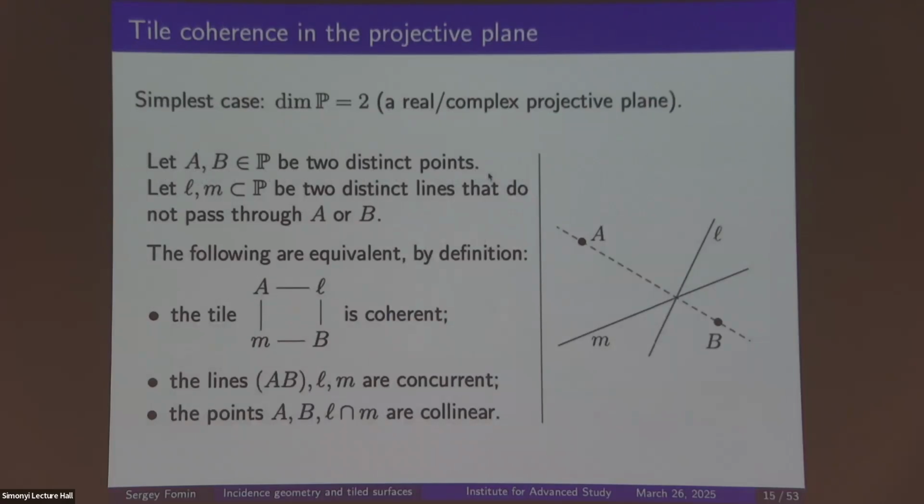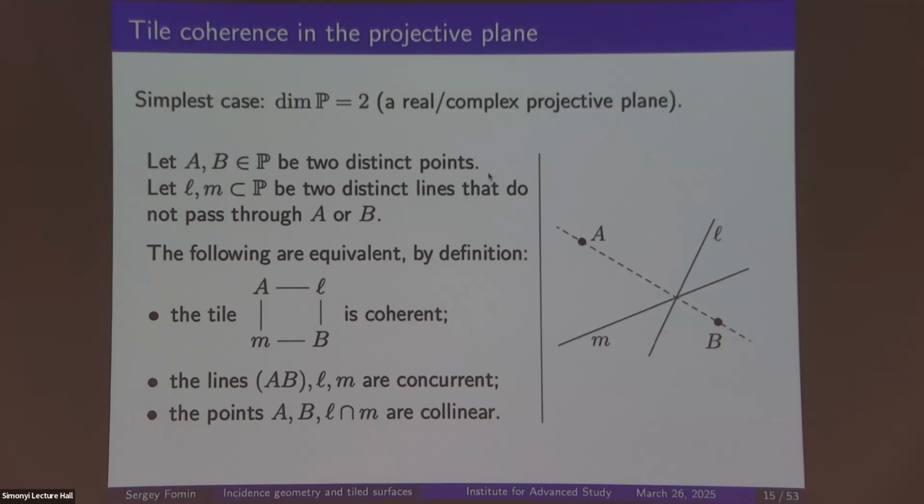All right. So now let's look at the simplest case, when we are working in the projective plane. So A and B are the points, L and M hyperplanes are the lines, right? These lines intersect at a point, and I want that point to be pierced by the line AB, which generically is not going to happen, but for a coherent tile, it will.